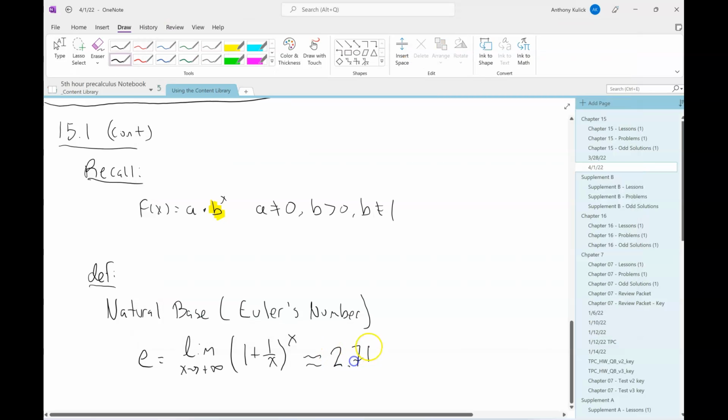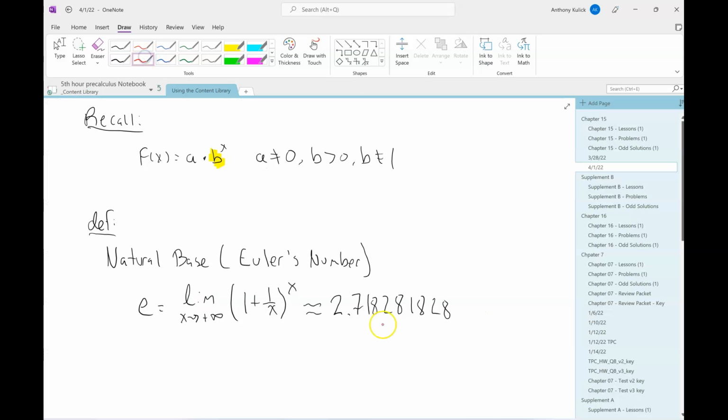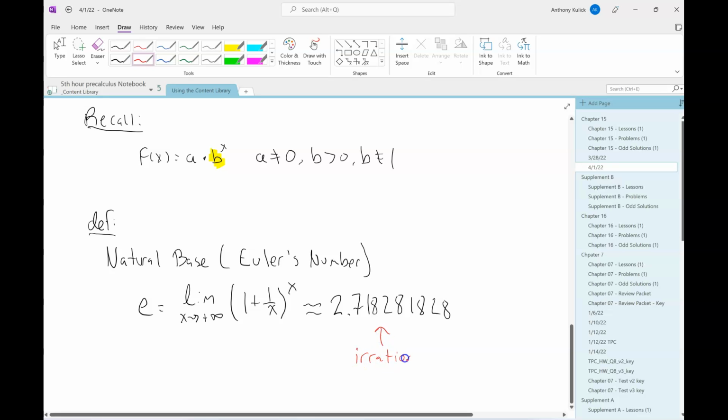So the approximation for this number is, let me make sure I copy it down right. It's about 2.718, and so on.